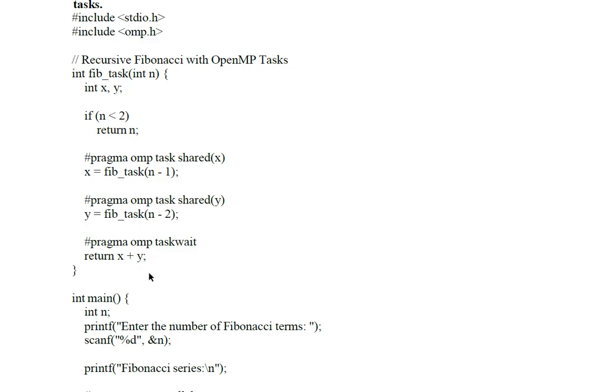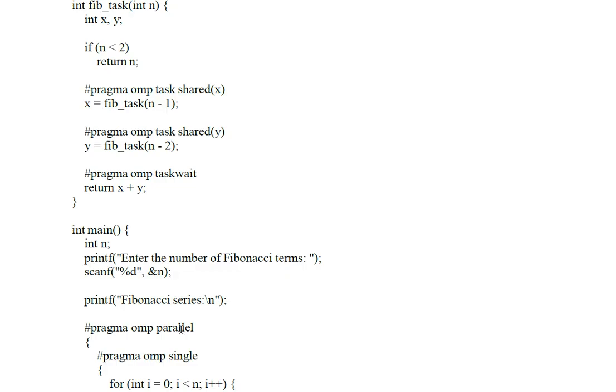Here each pragma omp task tells us to create a new task to execute the piece of code asynchronously. When a thread encounters this directive, it may create a new task or it may execute it immediately.